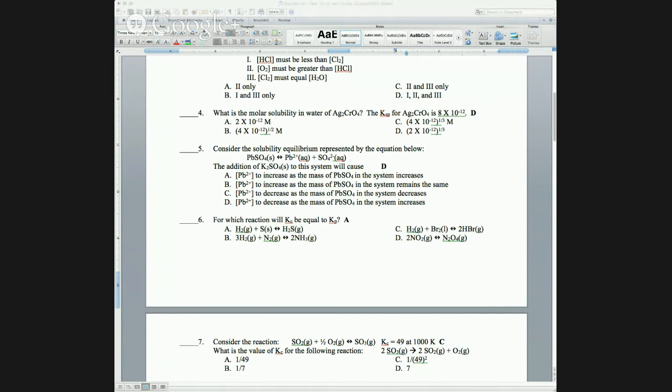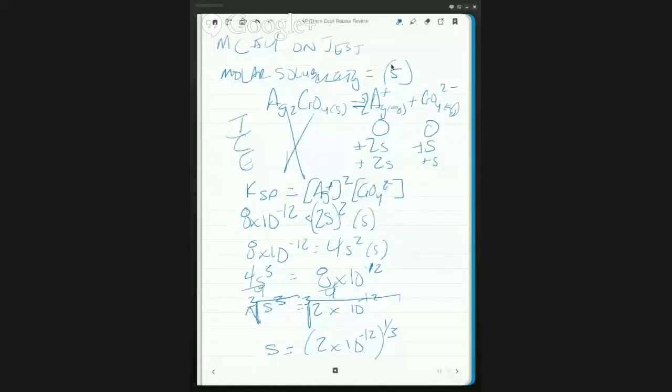Ephraim, why did Ag turn into 2S squared instead of just S squared? Well, Ephraim, let's go look at the thing again. We've been saying this all night, that if you're given the concentration, you just plug the concentration in. But when you're finding the molar solubility, the coefficient is 2.